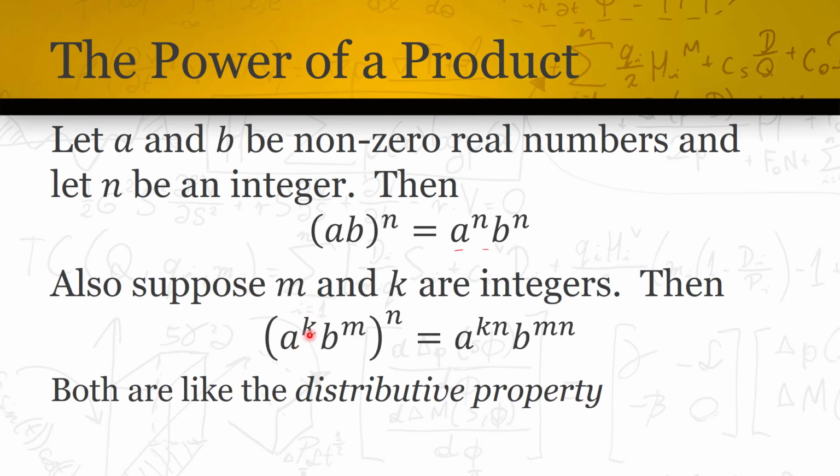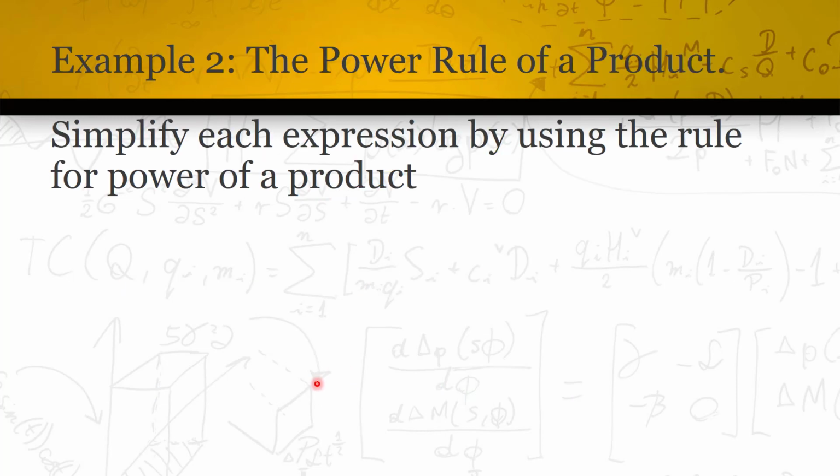Further, if those bases were actually raised to integer powers, and that product was raised to an additional power, then that is equal to a to the k raised to the nth power, which would be a raised to the product of k and n, times b to the m raised to the nth power, which would be b raised to the product of m and n. So if you notice here, the n is multiplied by the k, and the n is also multiplied by the m. So it has a distributive property about it. But it might make more sense in examples, so here we go.